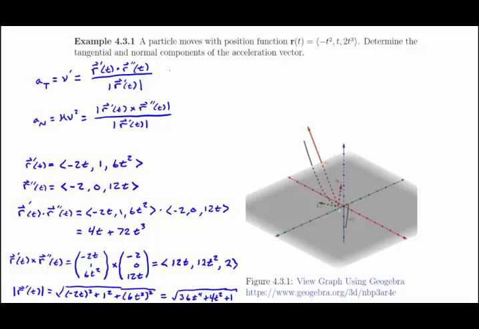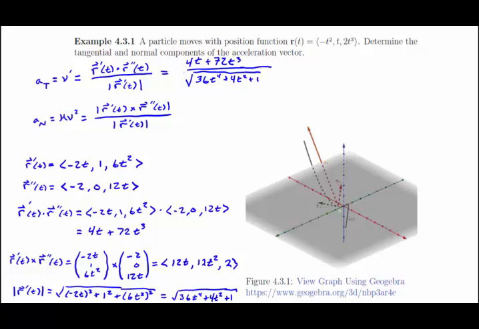So let's go back up to the top here where I have the acceleration equals r prime of t dotted with r double prime of t all over the magnitude of r prime of t. So the dot product we said was 4t plus 72t cubed over, now the magnitude of r prime of t is the square root of 36t to the fourth plus 4t squared plus 1.